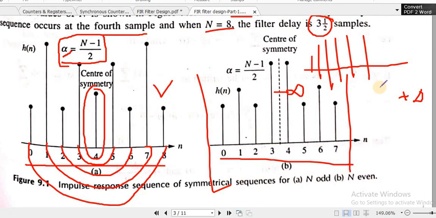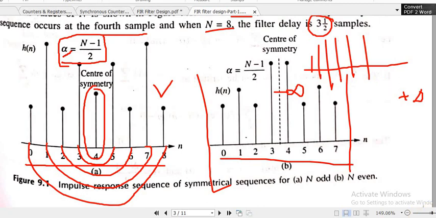Since in the case of an IIR filter the impulse response is infinite in nature, we cannot define the center of symmetricity, and we also cannot say that an IIR filter will give you a linear phase system. That is the reason we cannot implement a linear phase system from an IIR filter.